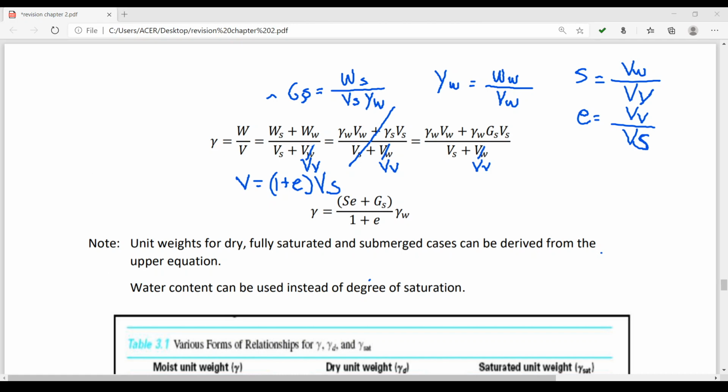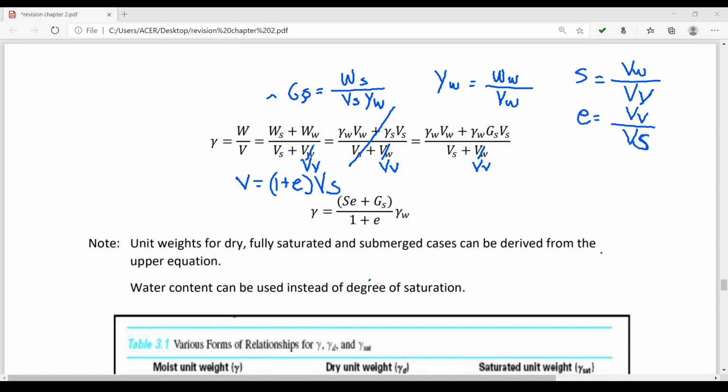We will use this later. And e is equal to Vv all over Vs. So remember these equations when you use them in your exams.